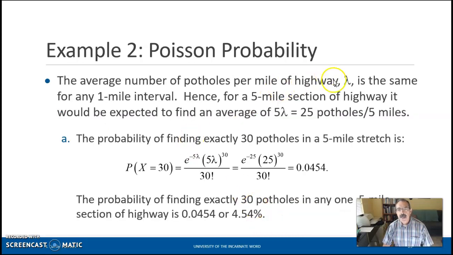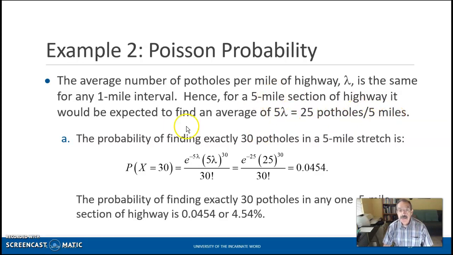But the question asks about a 5-mile section of the highway, so it is expected to find the same number of potholes per each mile. In this case, we can just multiply the parameter by 5, because lambda is for 1 mile, but we're looking for a stretch of 5 miles. So we multiply lambda by 5. The average occurrence is 25 potholes in a 5-mile stretch of highway.